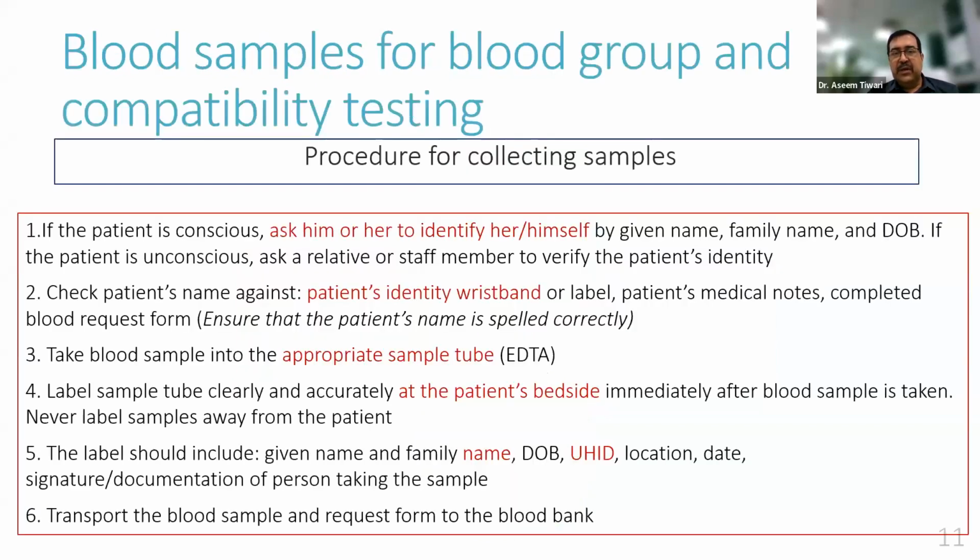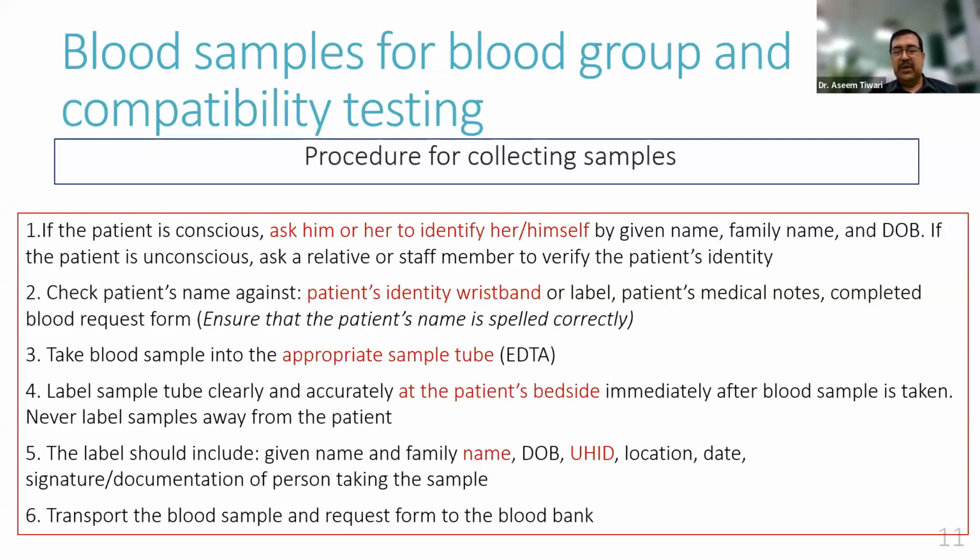Now, the samples which are taken for blood group and compatibility testing, again, very important. If the patient is conscious, he or she has to identify herself. A lot of hospitals now use a wristband, which has a barcode and the name of the patient, which is a better way to identify the patient.